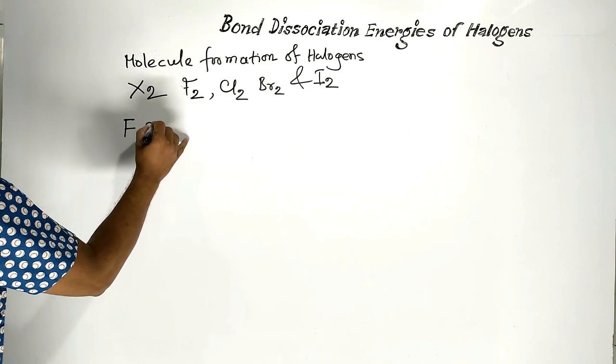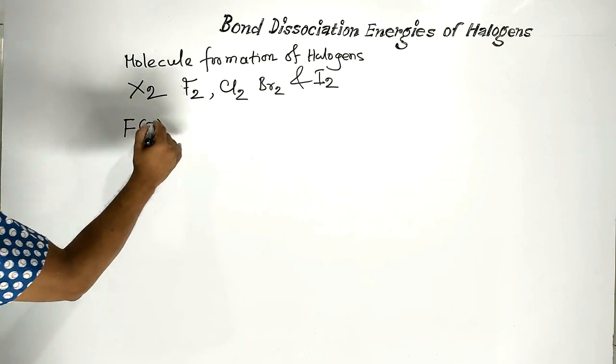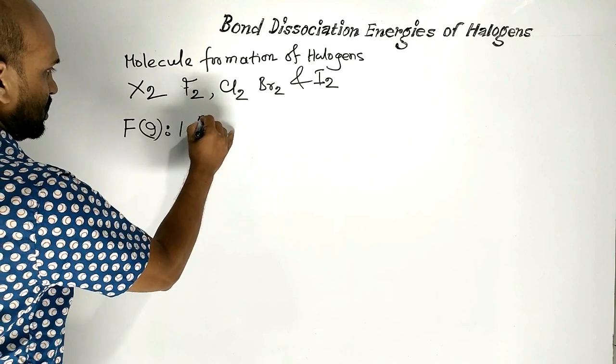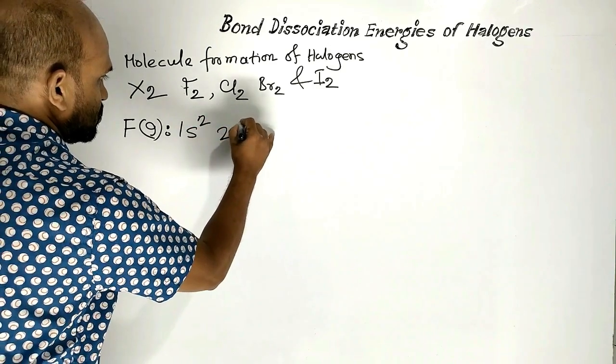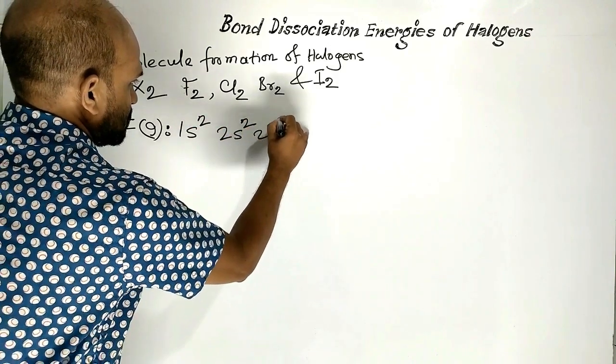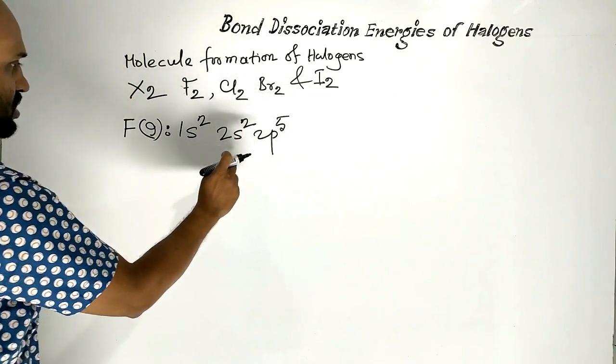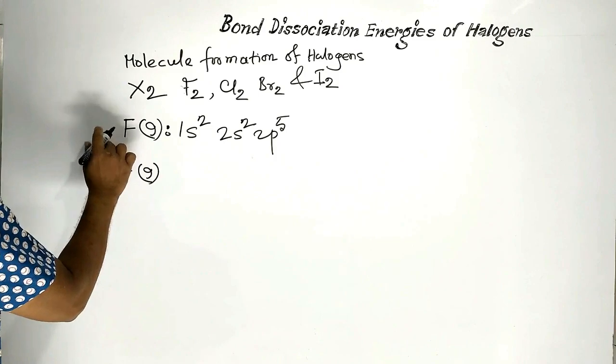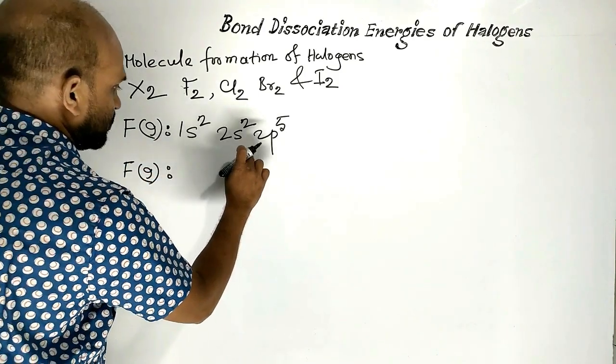Fluorine, atomic number 9. Electronic configuration is 1s2, 2s2, 2p5. Let us see the electronic configuration of fluorine in the box method.